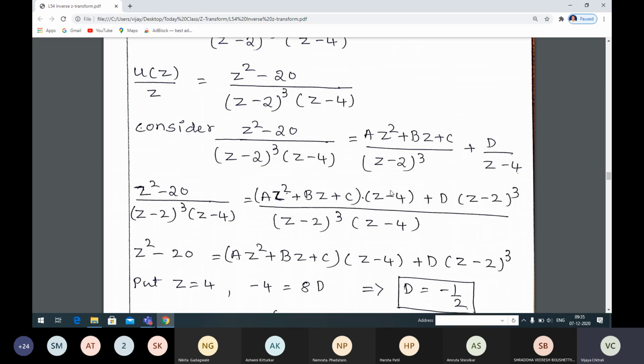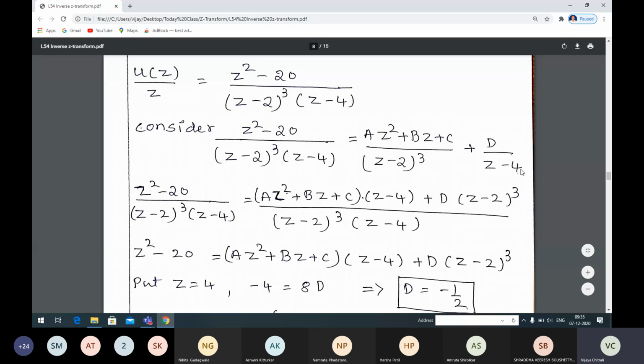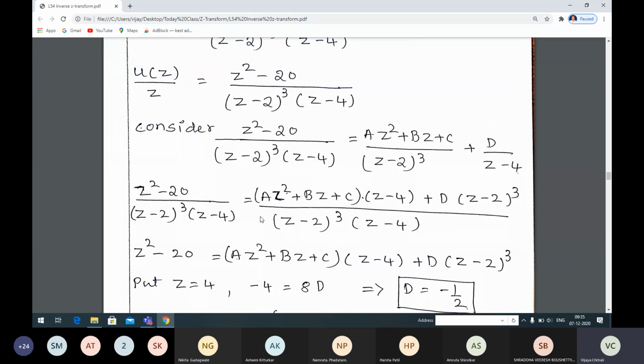First, taking the LCM, we get (z square minus 20) divided by (z minus 2) raised to 3 (z minus 4). So z minus 4 is there, multiply (z minus 2) raised to 3. The next step will be (az square plus bz plus c) into (z minus 4), plus d into (z minus 2) raised to 3, whole divided by (z minus 2) raised to 3 (z minus 4).